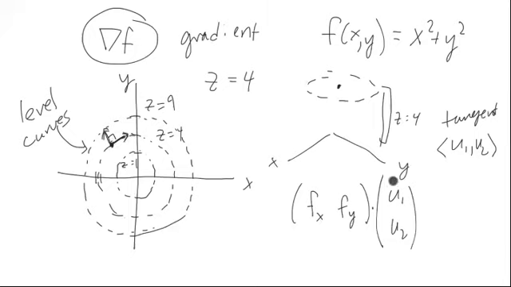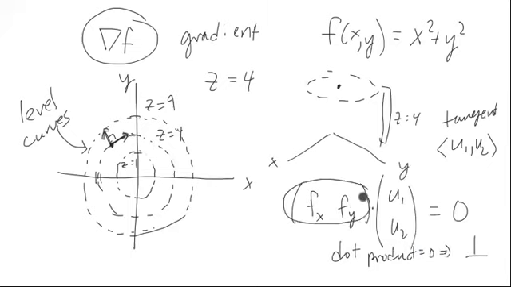So you can expect the rise to be 0, so you can expect this dot product to be 0. But what does a dot product of 0 mean? It means perpendicular. So that tells you that the gradient is perpendicular to the level curve.